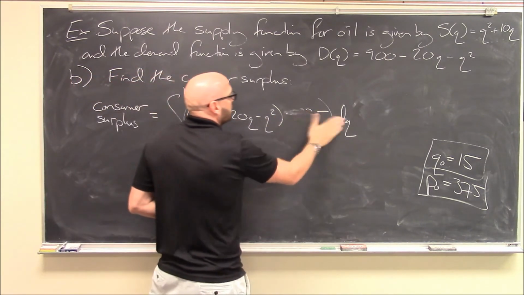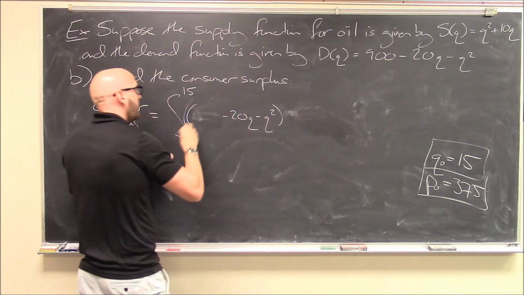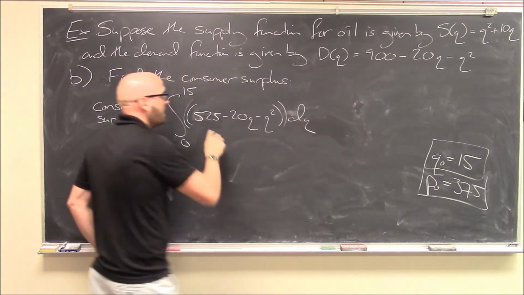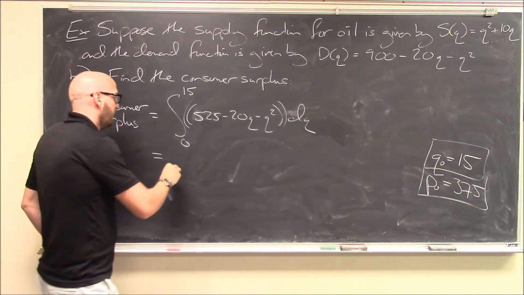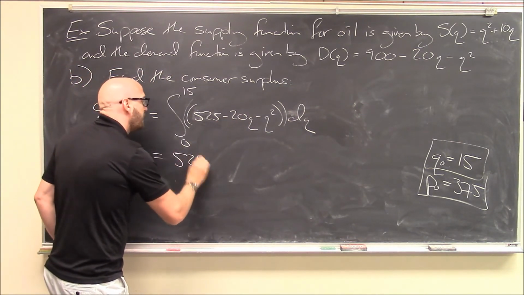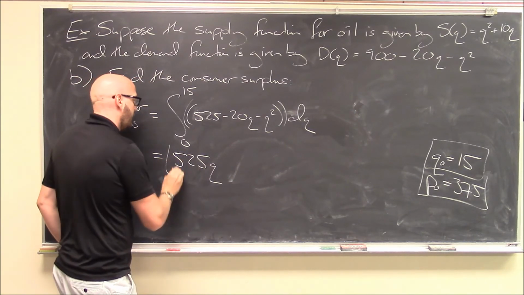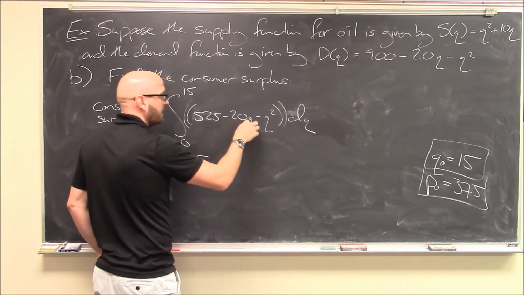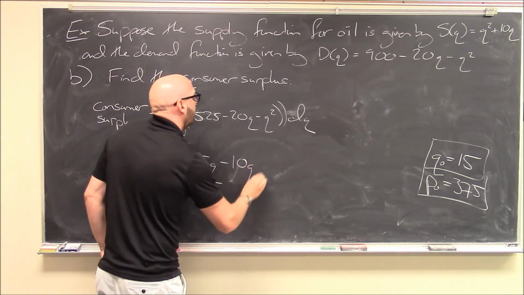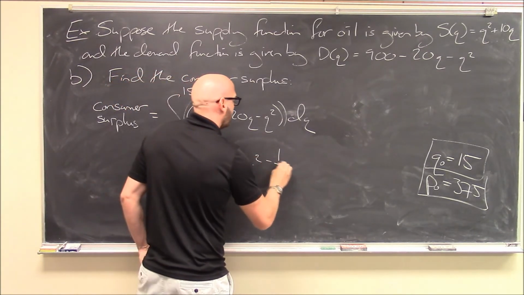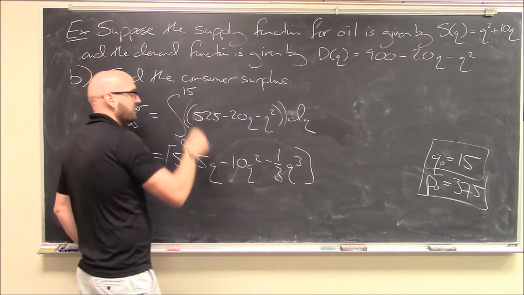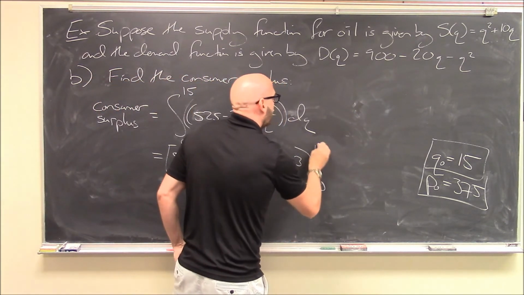So we're really just integrating 525 minus 20q minus q squared. So integrate that, we're going to have 525q minus 20q squared over 2, which is 10q squared, minus 1/3 q cubed. And we're plugging in 0 and 15.